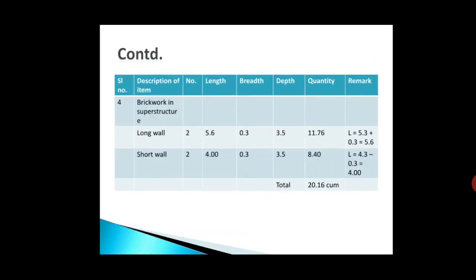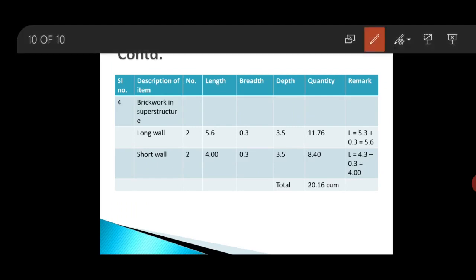So see, it is the next serial number 4. Description of item is brickwork in superstructure. First we will calculate the long wall. The number of long walls is 2. Length is equal to 5.3, the center to center length, plus 0.3, that is the width of the brickwork in superstructure, equal to 5.6, and breadth is 0.3, depth is 3.5.